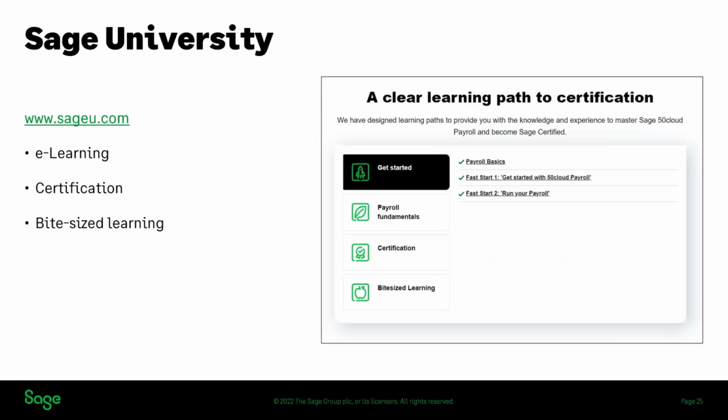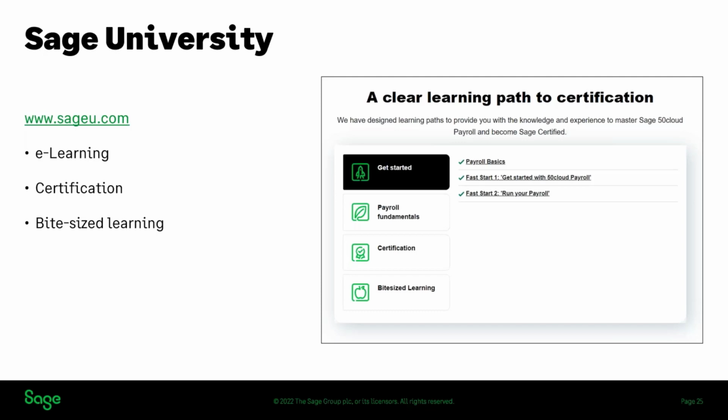And last but certainly not least, Sage University. Sage University is a free resource where you can access e-learning, Sage product certification, and bite-sized learning. So you can earn badges and certificates through Sage University. And all you need to do is go to sageu.com, and I do highly recommend going here as well. There's some really good courses.